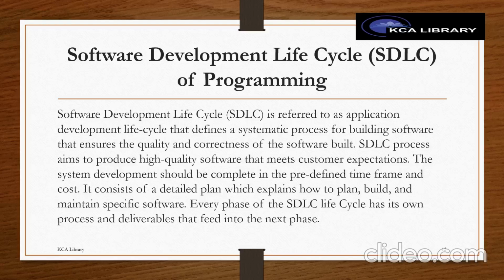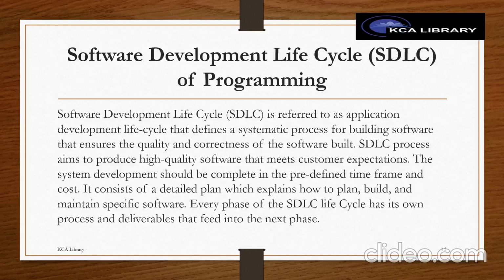The software development life cycle, also referred to as the application development life cycle, defines a systematic process for building software that ensures the quality and correctness of the software built. The SDLC process aims to produce high-quality software that meets customers' expectations.